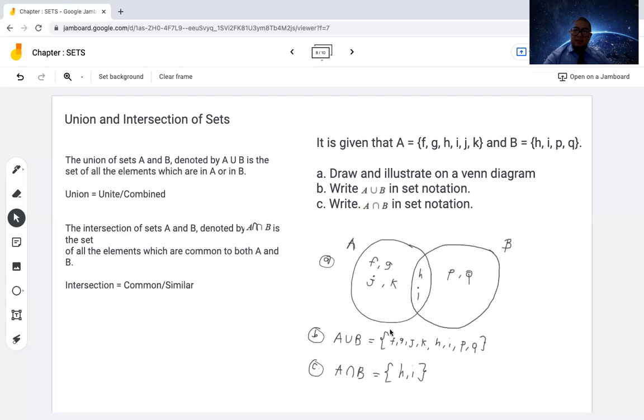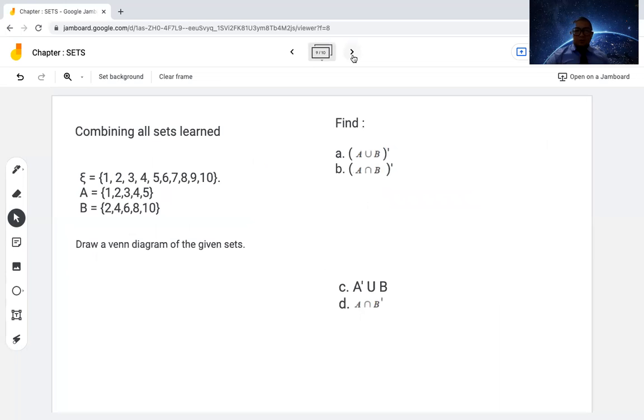Okay. All right, so let's now move on to the next one, which is combining all the sets that we have learned. And this time we are going to have a universal set. So again, when we see a universal set, that means that we are going to make a box.